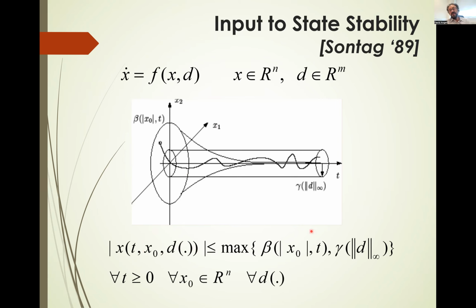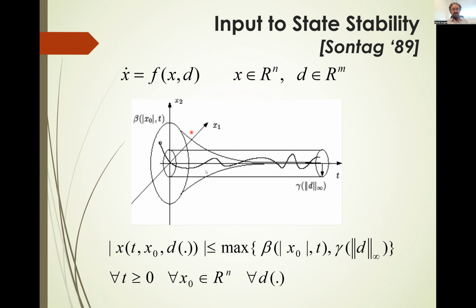One is a KL function of initial conditions and time, and one is a K infinity function of the infinity norm of the disturbance being applied. That's the standard property. This is a graphical representation, if you want. The solution is constrained to live inside this kind of envelope, which shrinks initially maybe and then stays constant as a function of the size of the disturbance.